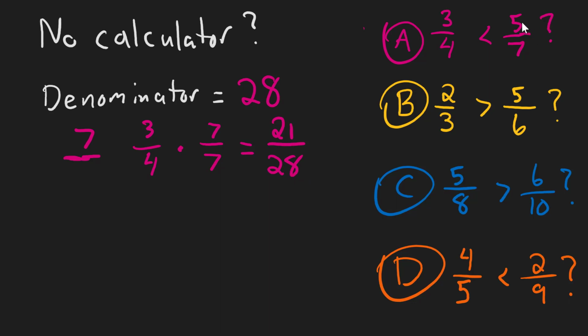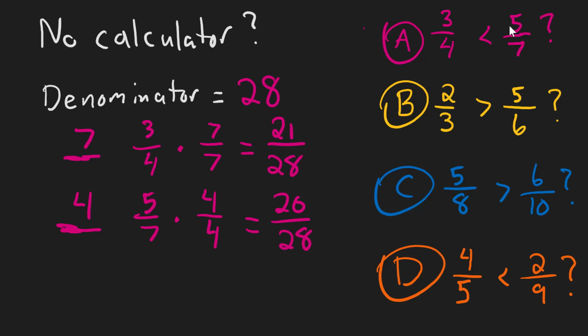How about 5/7? So to convert 5/7 into 28, we ask 7 times what number is equal to 28? Well, 7 times 4 is equal to 28. And so to convert 5/7 into 28, we take 5/7 and we multiply it by 4 over 4, and we get 5 times 4 is 20, and 7 times 4 is 28.